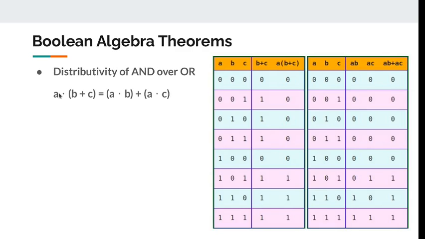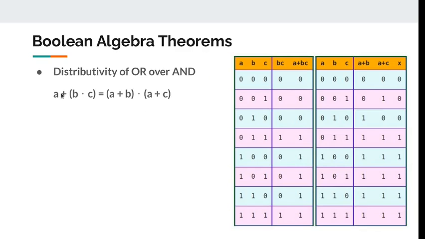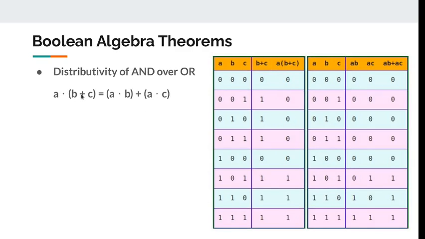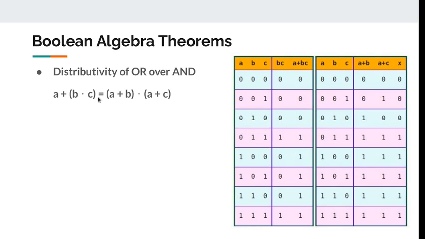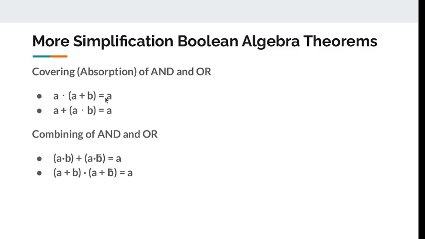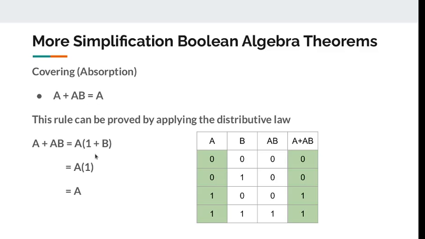So A and, no, sorry, it's this one here. So A and B or C is the same as... Yeah, exactly. So we have A and 1 or B. So that's the distributive law when you apply this, because we have a 1 here.